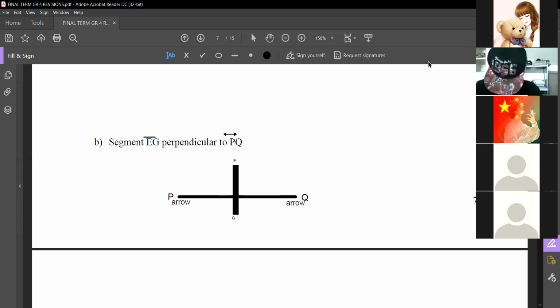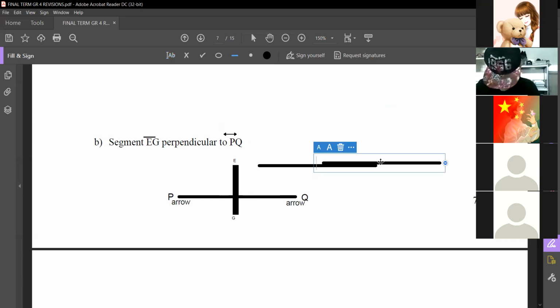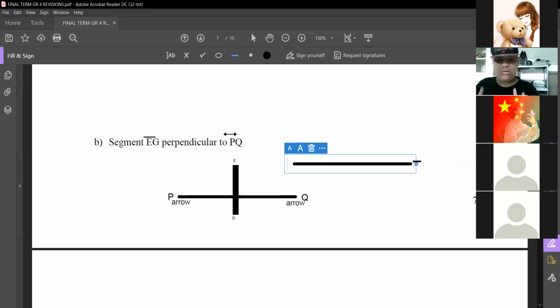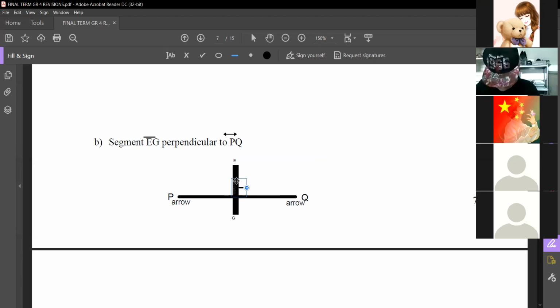But one more thing. It's a perpendicular. Perpendicular means what you need to do, class? Perpendicular means you need to draw a small what?